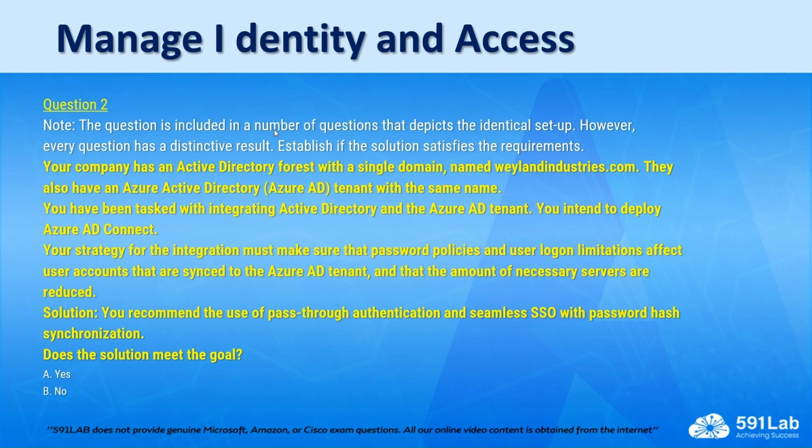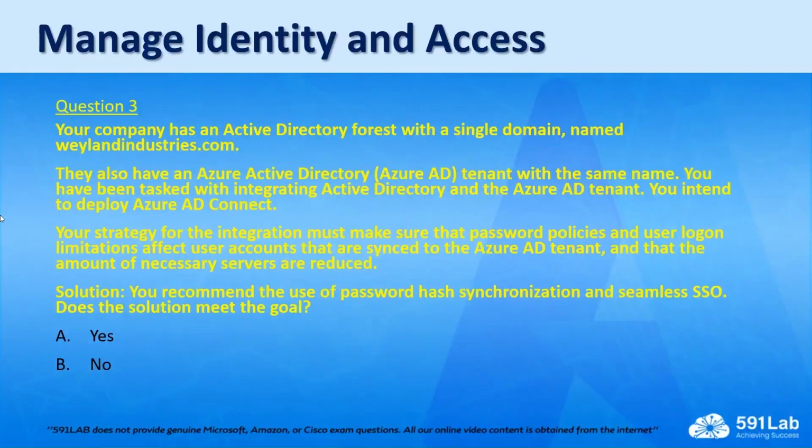So, the solution that is being provided: you recommend the use of pass-through authentication and seamless single sign-on with password hash synchronization. Let me just reread the question again. Your company has an Active Directory forest with a single domain named waylandindustry.com. They also have an Azure Active Directory, Azure AD, tenant with the same name. You have been tasked with integrating Active Directory and the Azure AD tenant.